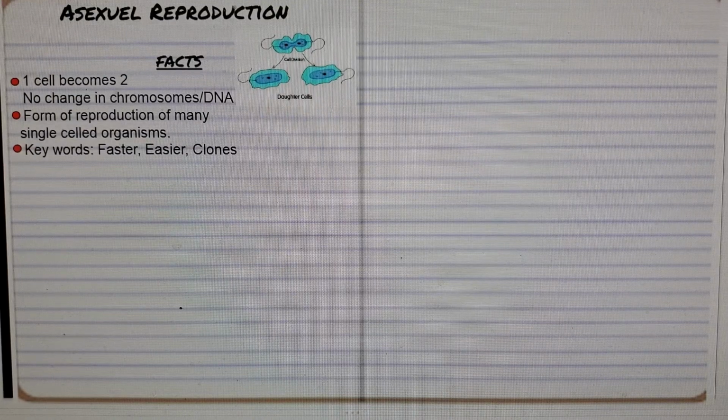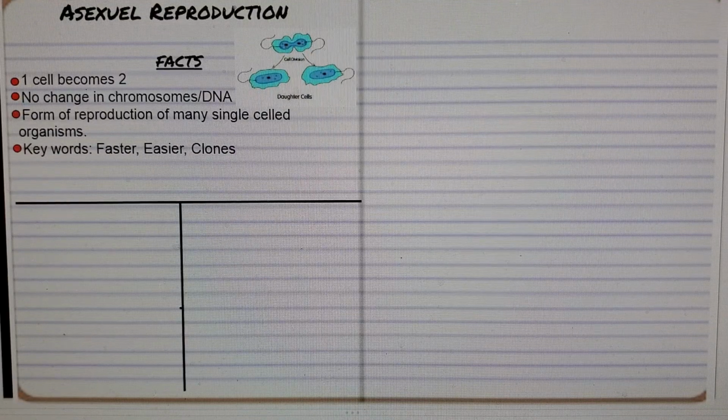She'll put it in the dirt, and she's got a really green thumb, and it grows. So she started another plant at her house that's a clone of the one, and we always tell her she stole it. Some of the key words I want you to remember when you're thinking about asexual reproduction are faster, easier, and clones.